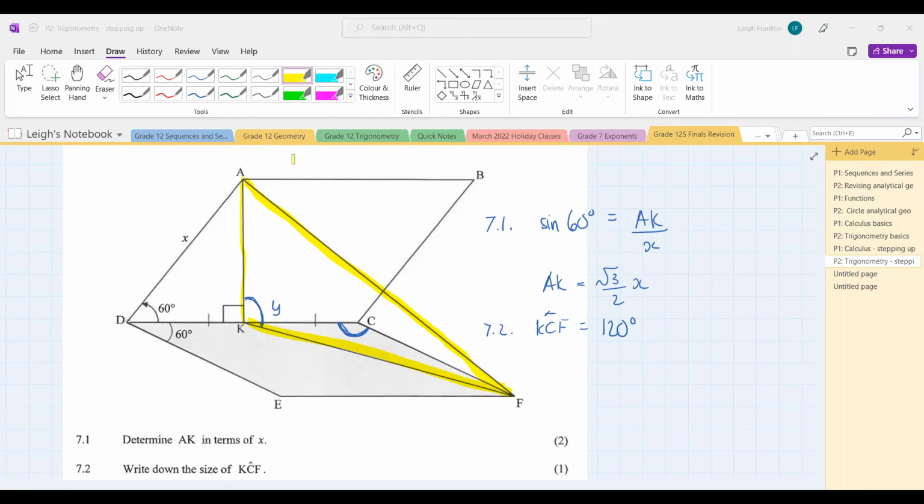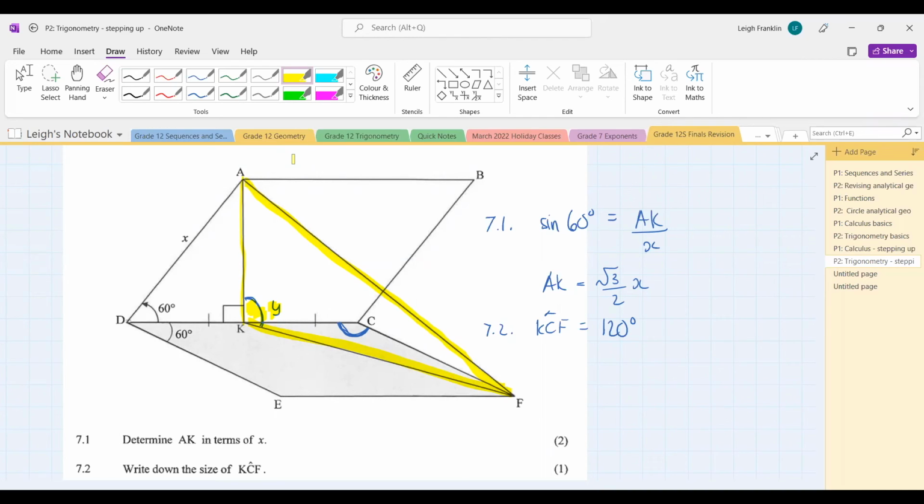So if they've given us this angle over here, then we want side AK and side KF in order to be able to work out the area of triangle AKF. We've already got AK from 7.1. So now we need to know the length of KF.